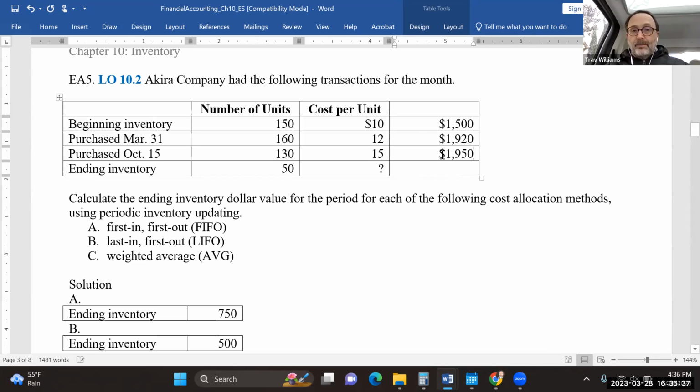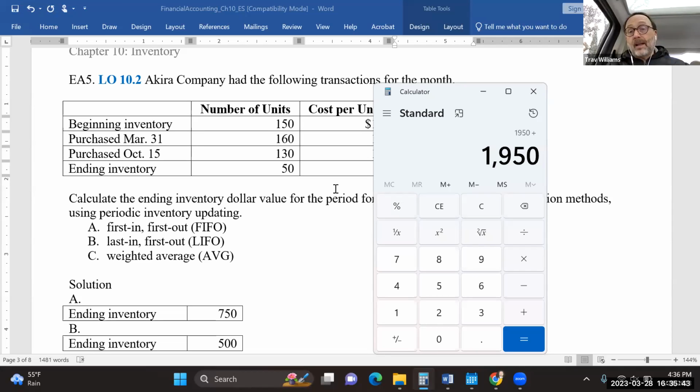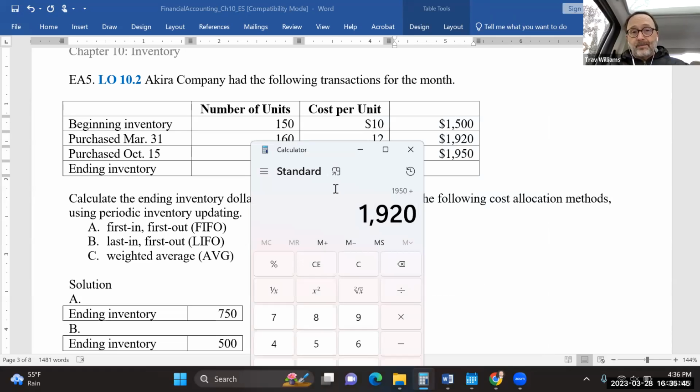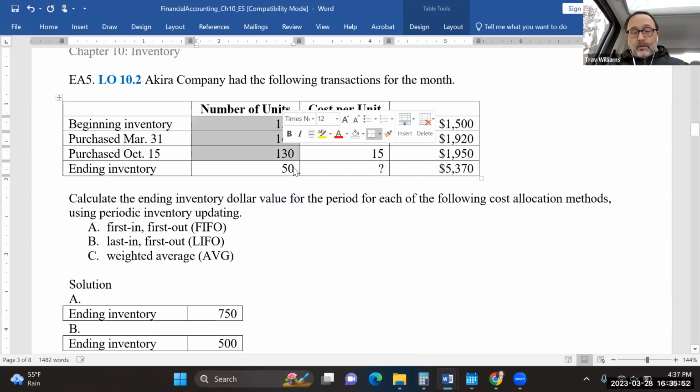If we now divide it by the total number of units that we had available, we'll get our average cost per unit. And when we add up the number of units, we get 440. Remember, this is the ending inventory that didn't get sold, but we don't need to consider that.